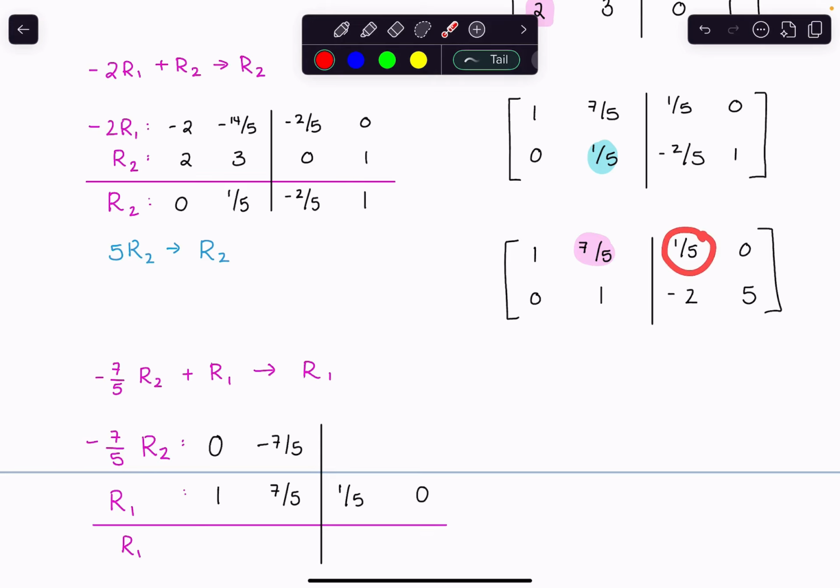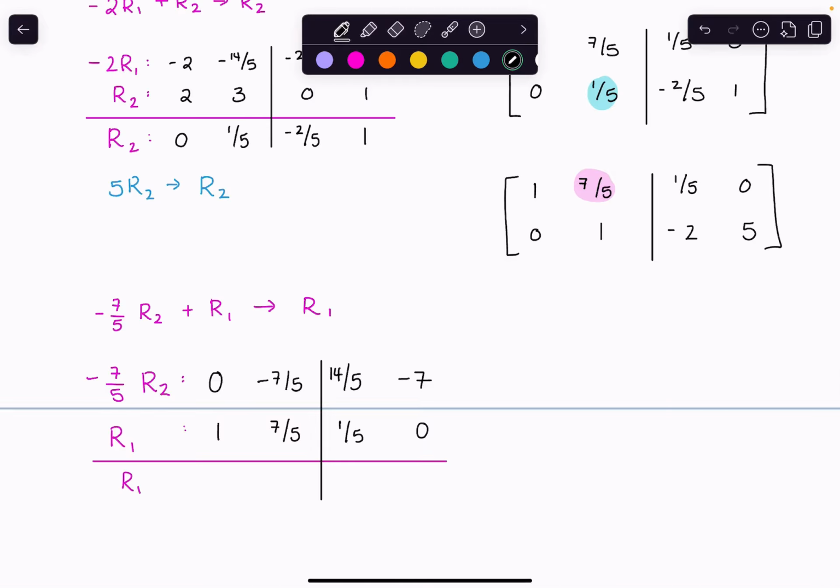This times -7/5 becomes +14/5. And then this times -7/5, thankfully the 5 and 5 cancel, and just give us -7.